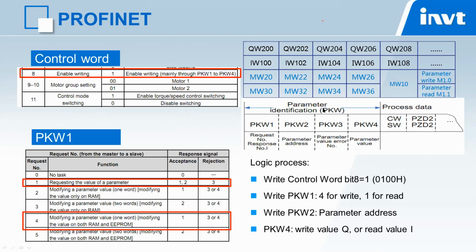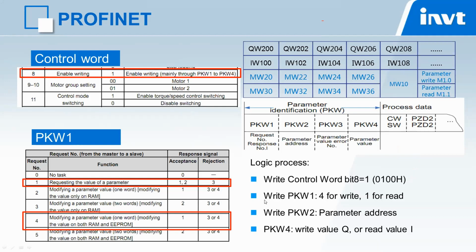Like this, PKW1 is for read or write. PKW2 is for changing the parameter address. PKW3 is the value array number. PKW4 is the parameter value we want to read or write. To read the data, we just read from PKW4. So the logic process is: firstly we write the control word bit 8 equals 1, 0100 hex value.